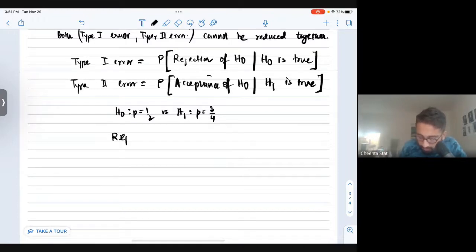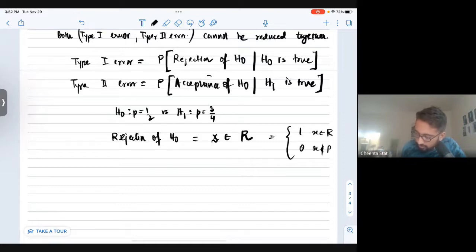Rejection of H naught means that x belongs to a certain region R, that is, phi of x is equal to 1 if x is in R, and 0 if x is not in R. So rejecting H naught is equivalent to the data point belonging to the specific rejection region R. Therefore, type 1 error is equal to the probability that X belongs to R given H0 is true.